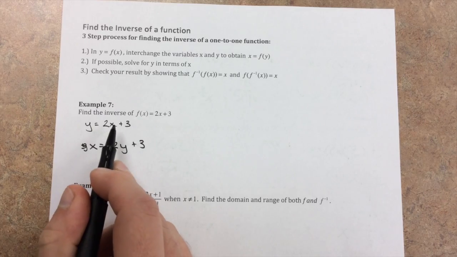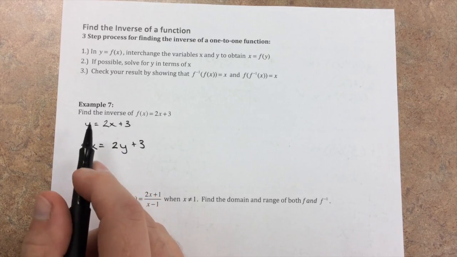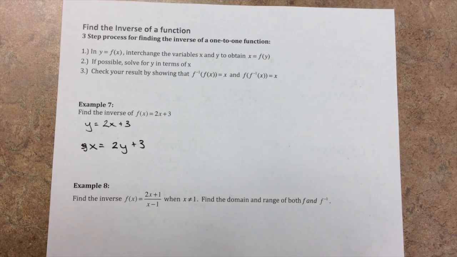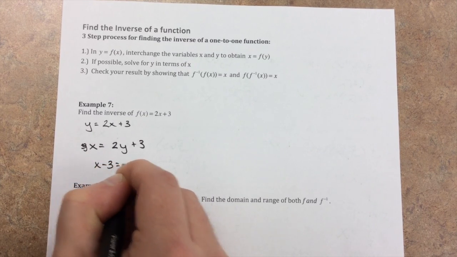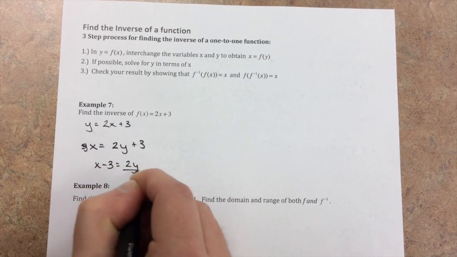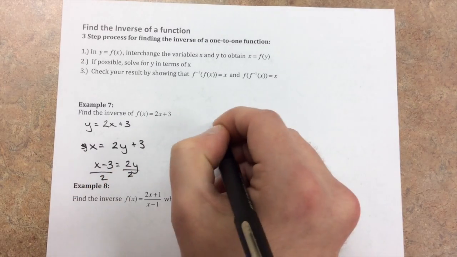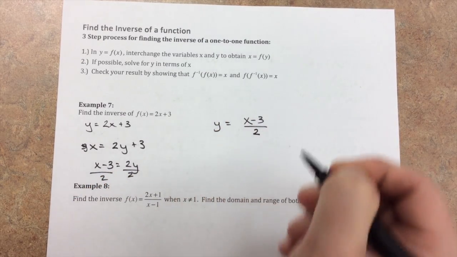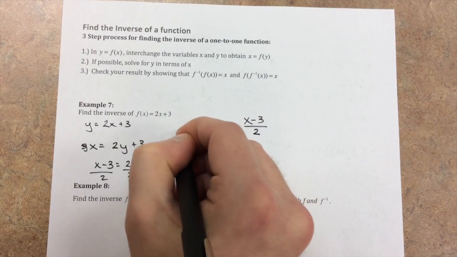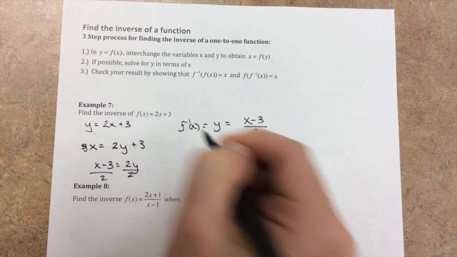So wherever we saw an x, we wrote a y. Wherever we saw a y, we wrote an x. Next, we're going to solve for y. So we're going to subtract 3. So x minus 3 equals 2y. And then we're going to divide everything by 2. So I get y equals (x minus 3) over 2. This is our inverse function.